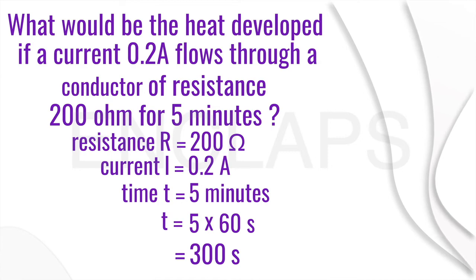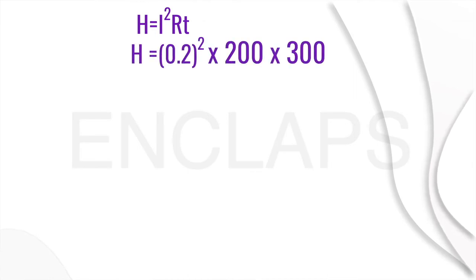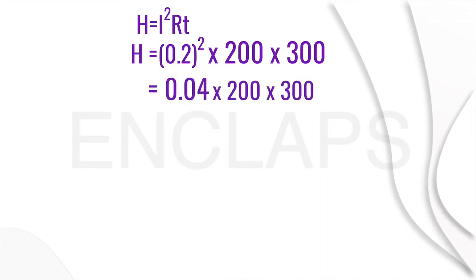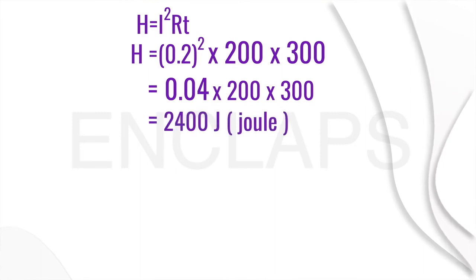Substituting the value in the Joule's equation, H is equal to I square RT equals 0.2 the whole square into 200 into 300, equal to 0.04 into 200 into 300, equals 2400 joule.